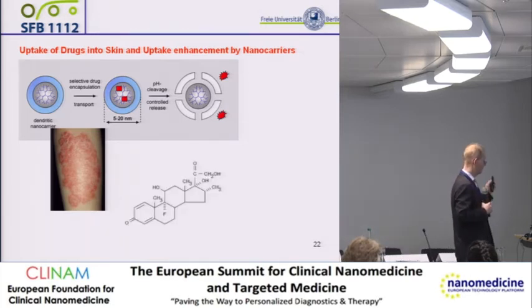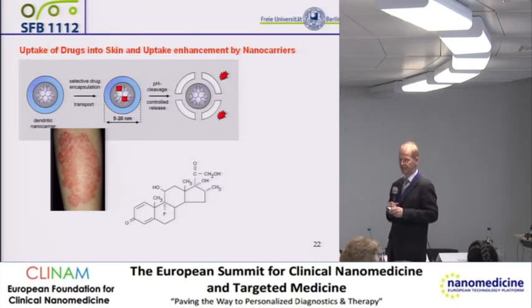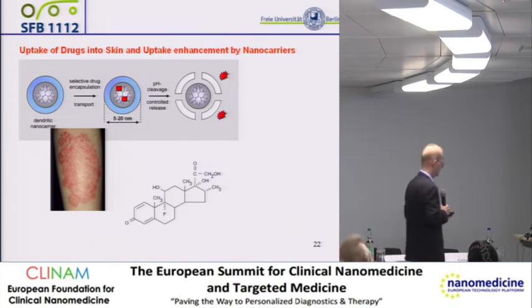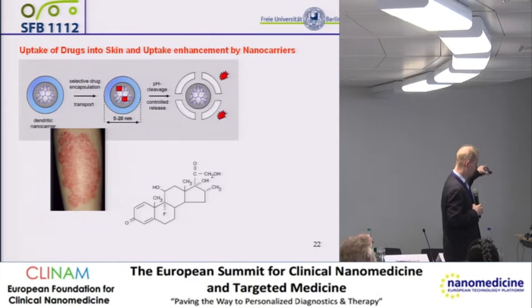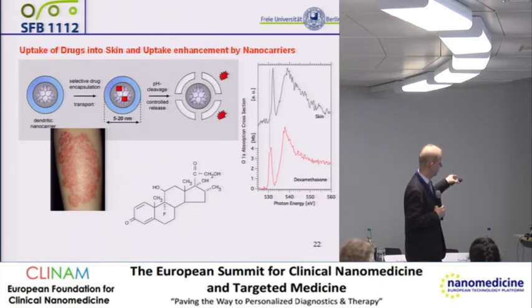I just show you here as one example the delivery of dexamethasone, a standard anti-inflammatory drug that has been put to human skin. And just to stay with the topic of X-ray microscopy, this is X-ray absorption of fixated human skin and dexamethasone.